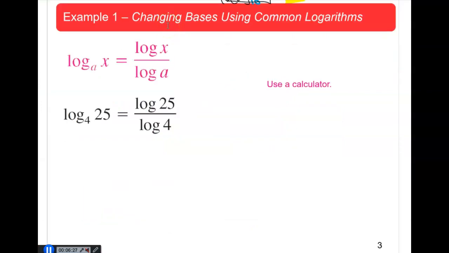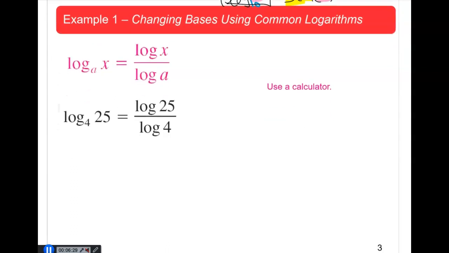For example 1, we have the expression log of 25 base 4. So this will be something like, to what power do you have to raise the number 4 so that you can get 25? So it is obviously not an easy one to find. So what we do is we use the change of base. And you can see here, this has already been written with base 10.